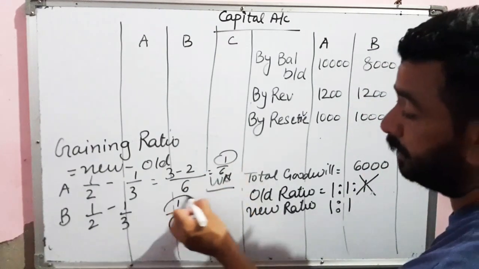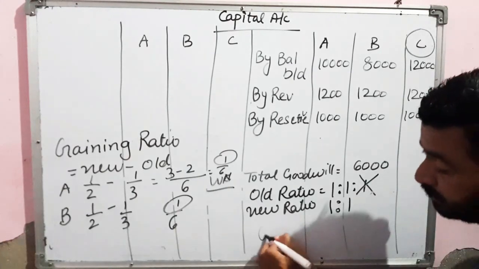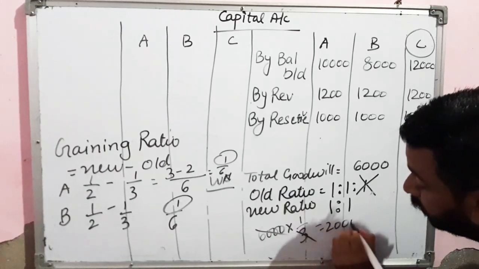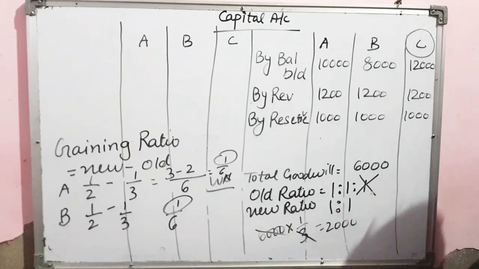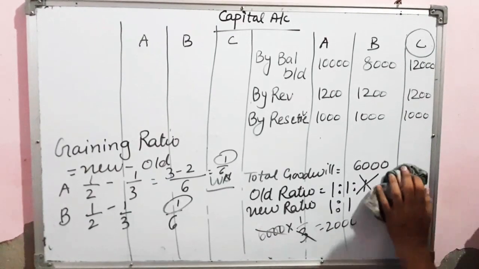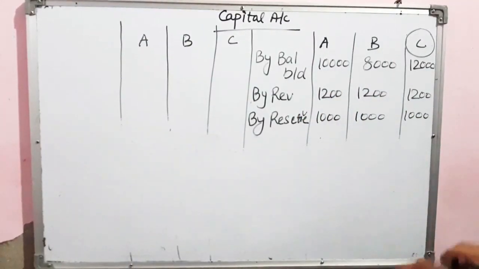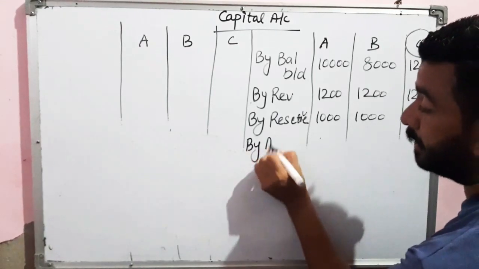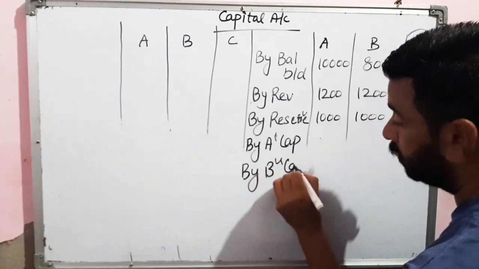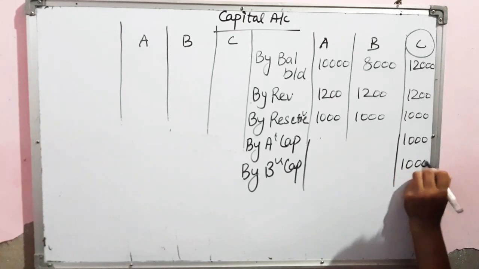The ratio is equal. So the retiring partner's share is 6,000 into 1/3, that is 2,000. 2,000 will be distributed among the remaining partners in the 1:1 ratio. By A's capital, by B's capital, 1,000 and 1,000.